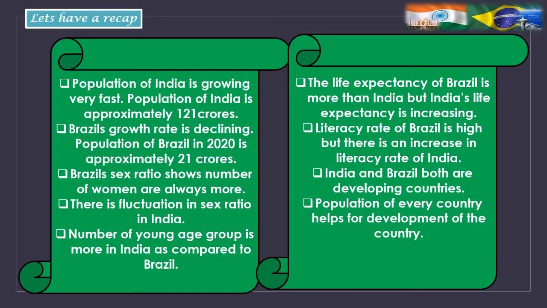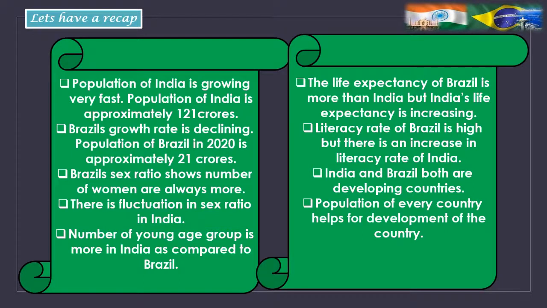In Brazil, the higher proportion is of 85 years and above. The life expectancy of Brazil is more than India, but India's life expectancy is also increasing. Literacy rate of Brazil is high, but there is an increase in the literacy rate of India also. India and Brazil both are developing nations.